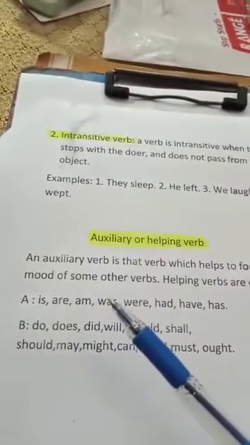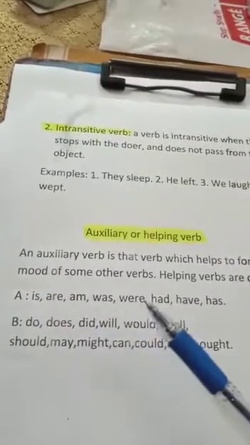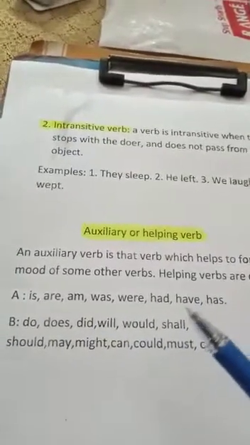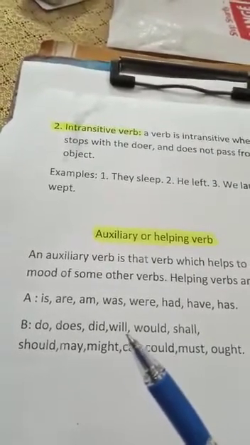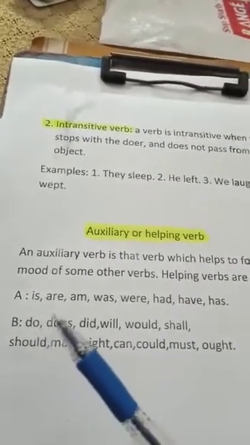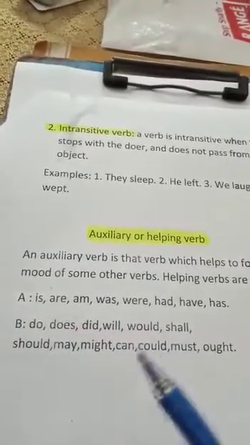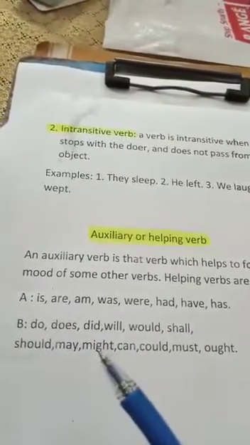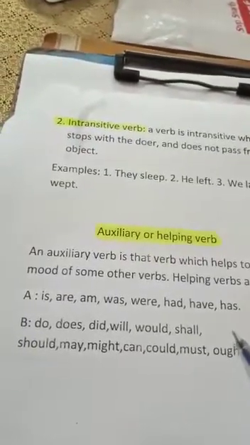The following helping verbs fall into A category: is, are, am, was, were, had, have, has. The following helping verbs fall into B category: do, does, did, will, would, shall, should, may, might, can, could, must, ought.